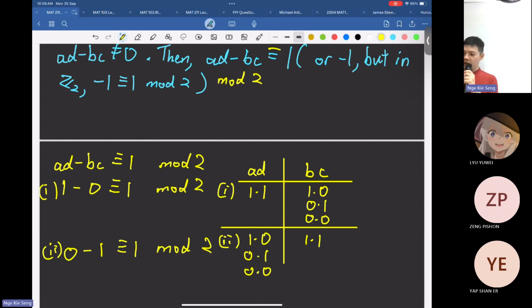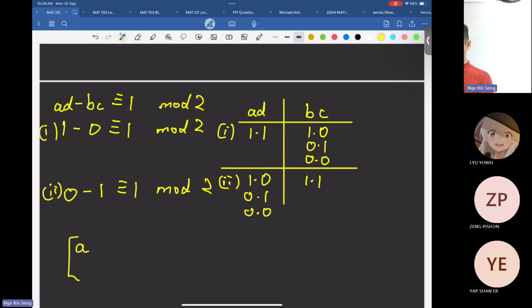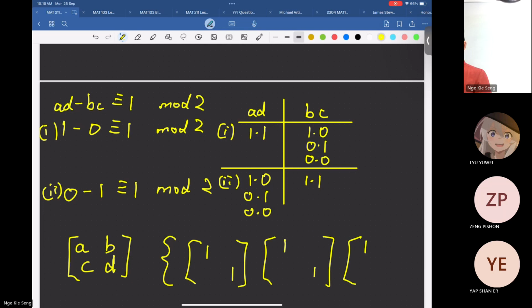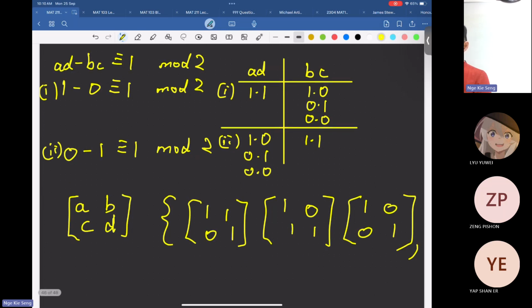Let's draw out these matrices. Remember, these represent the A, B, C, D in our matrix. What sort of matrix can you get here? AD is 1, 1, so we have these. We have 3 of them. BC, we can get 1, 0, 0, 1, or 0, 0. This is the first three we get. How about the second choice?